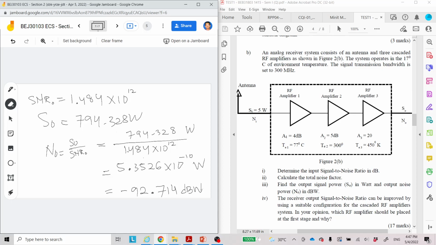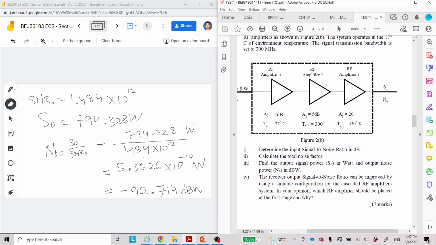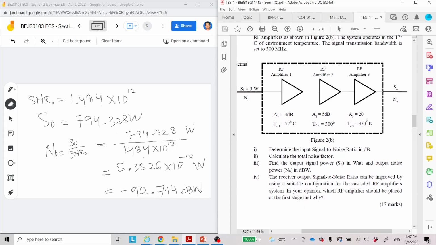So the last question: the receiver input signal to noise ratio can be improved by using a suitable configuration for the cascaded RF amplifier system. In your opinion, which RF amplifier should be placed at the first stage and why?